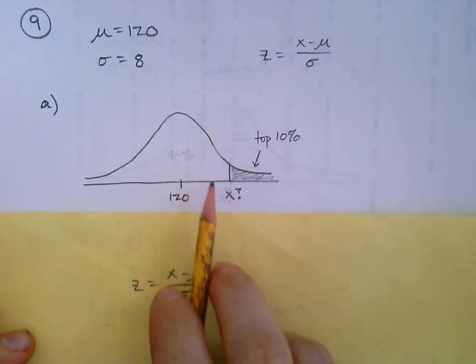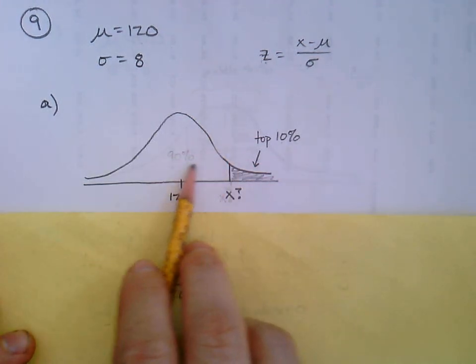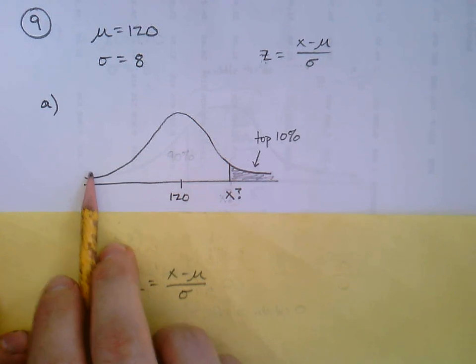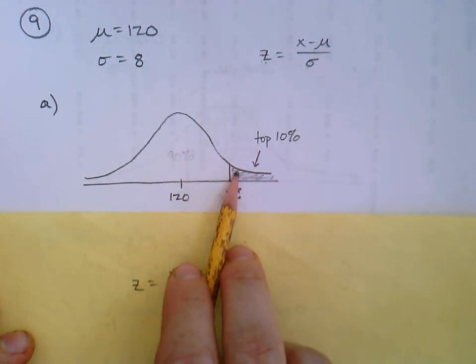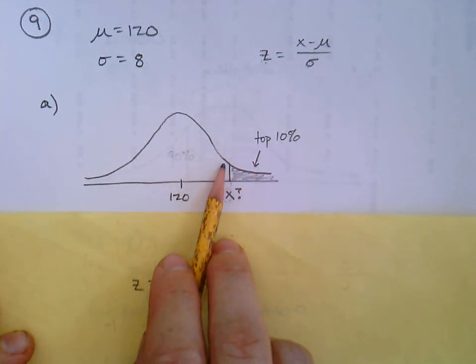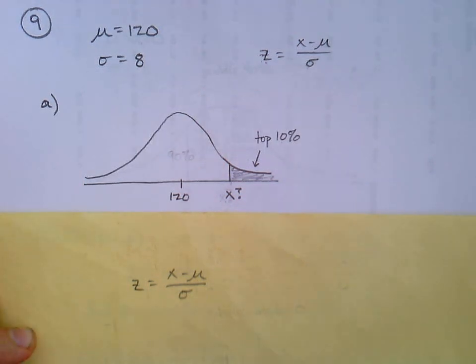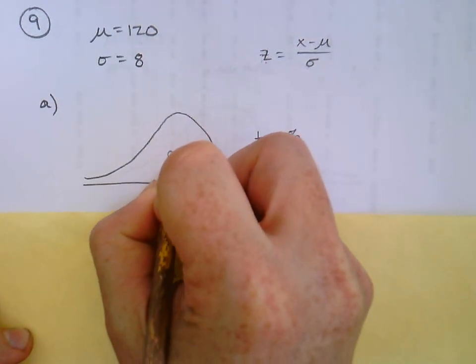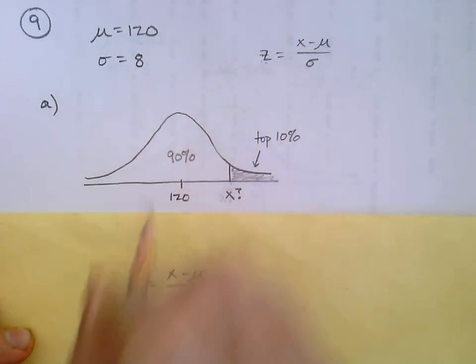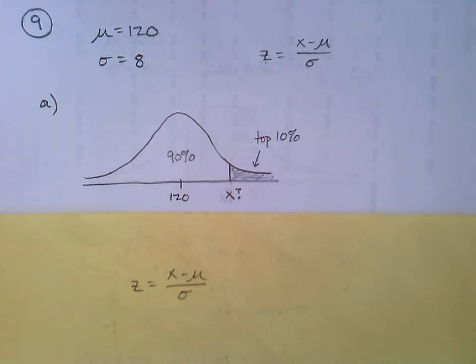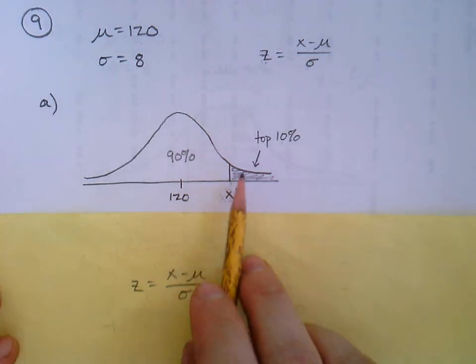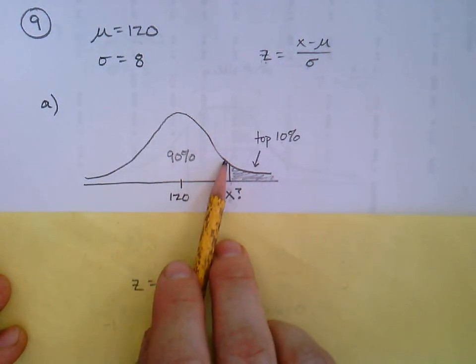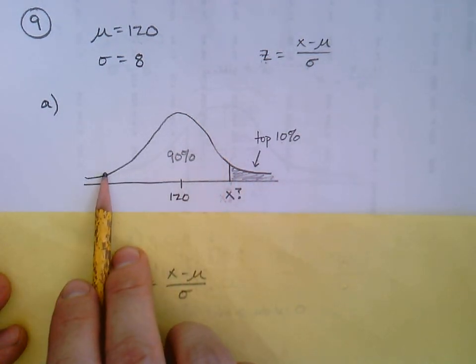The z-table always tells you the probability less than. So if there's 10% above, what percentage is less than? Of course, it's 90%. If this is cutting off 10% above, then there must be 90% below.